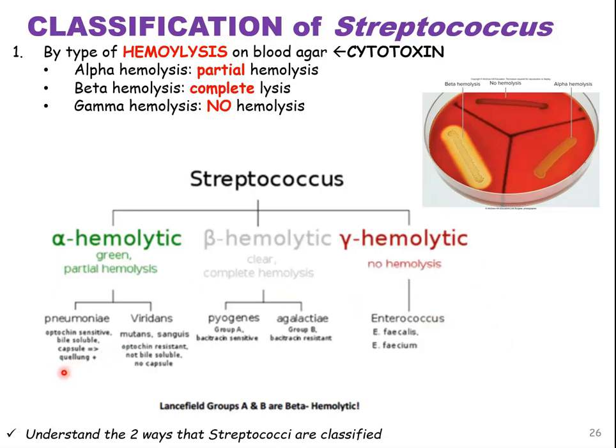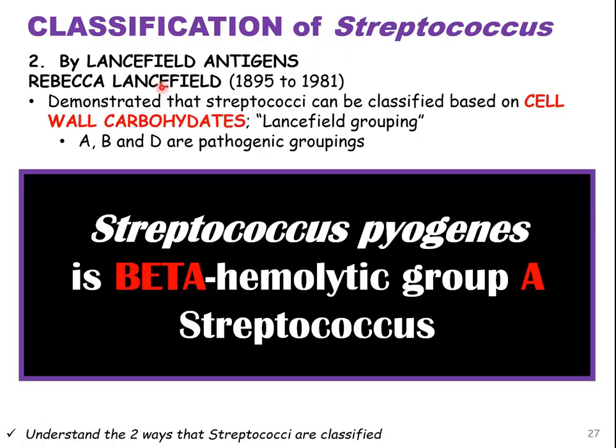So they can be classified based on hemolysis on a blood agar plate, and then also through what's called Lancefield antigens. So on the surface of the cell wall of these Streptococcus, they have different antigens. And so there was a woman, Rebecca Lancefield, she did her work in the 1900s.